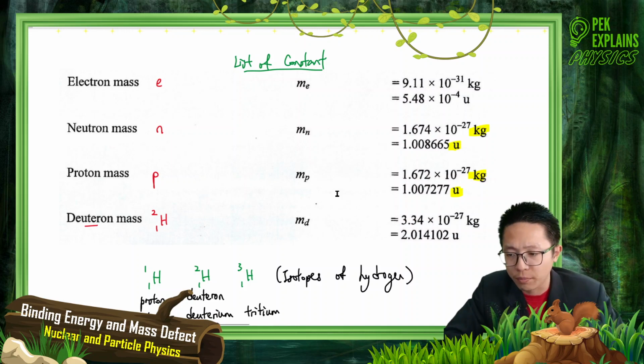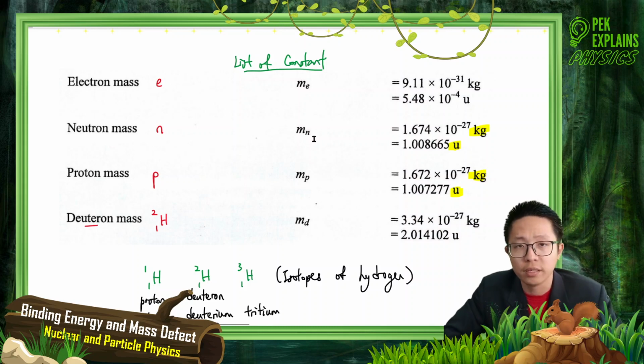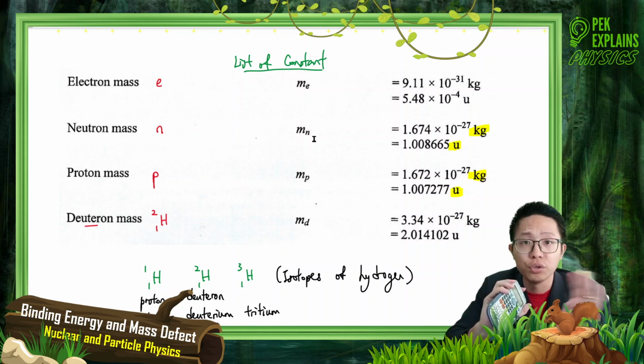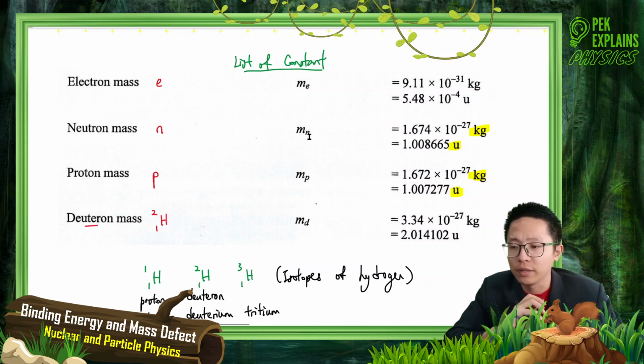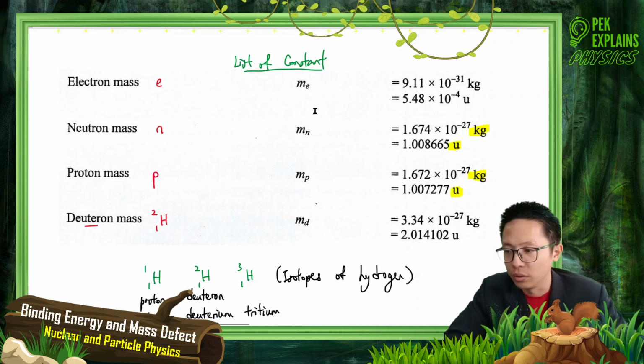So your mass of proton and neutron must always be taken from the list of constants provided in your exam. Don't use the one in the calculator.